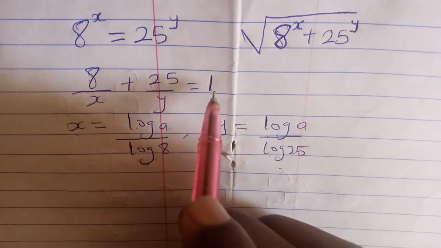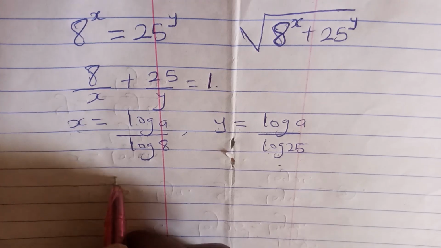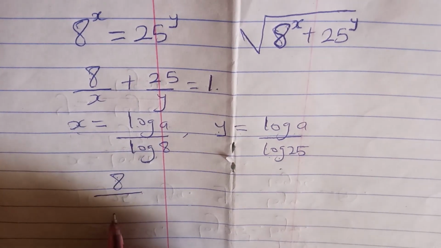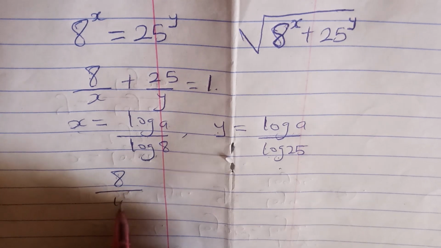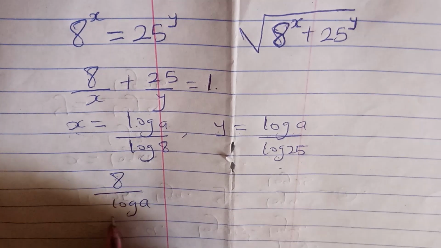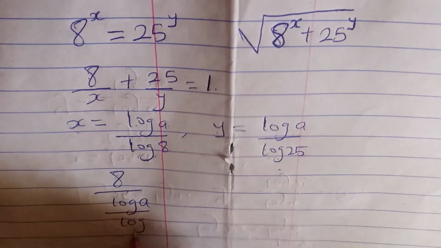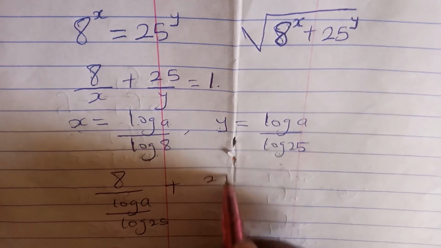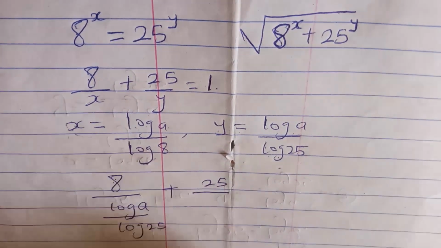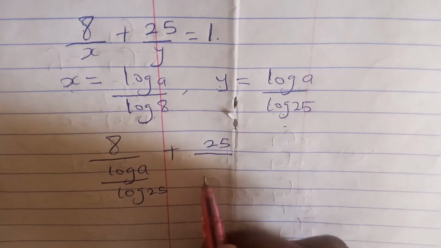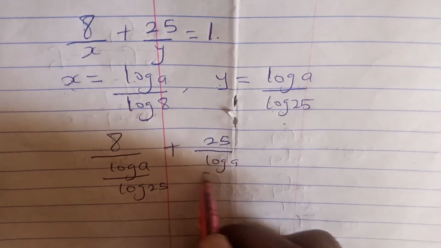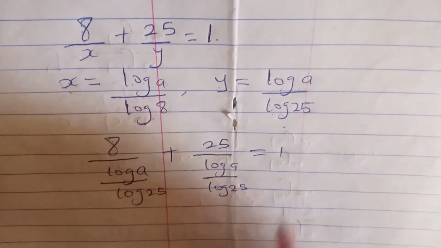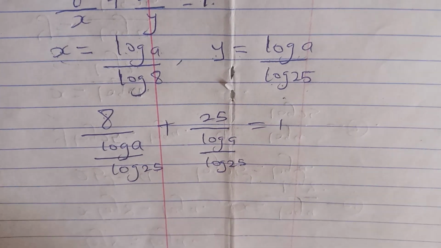If we do that, this second equation becomes 8 over log a over log 8 plus 25 over log a over log 25 equals 1.